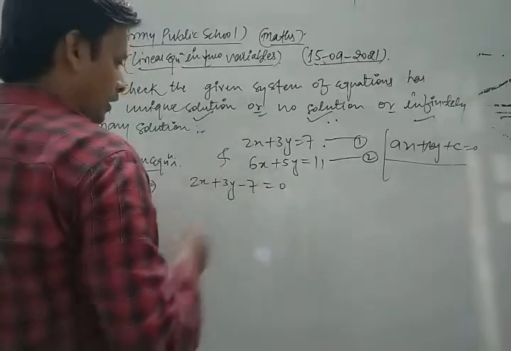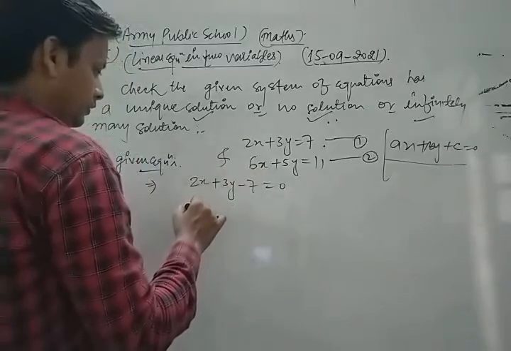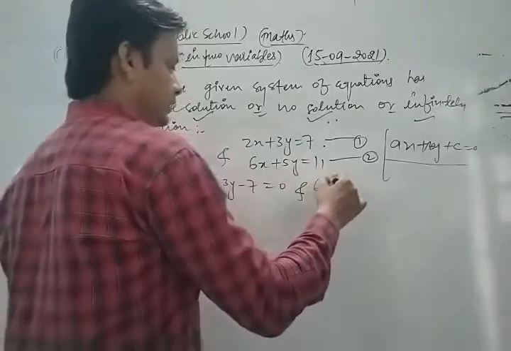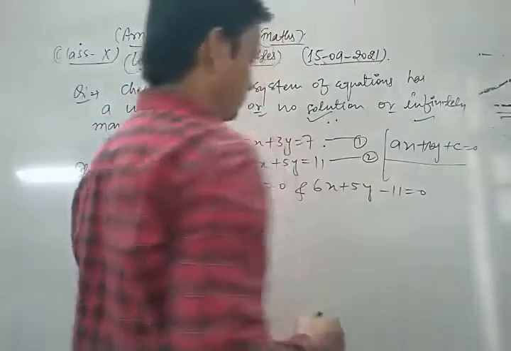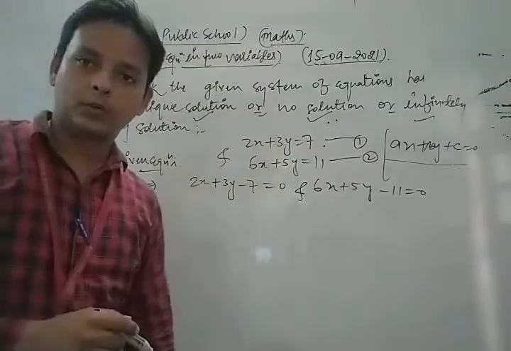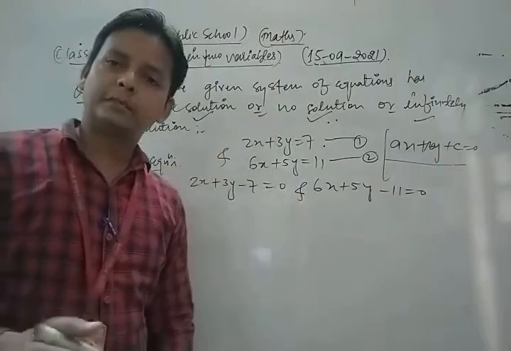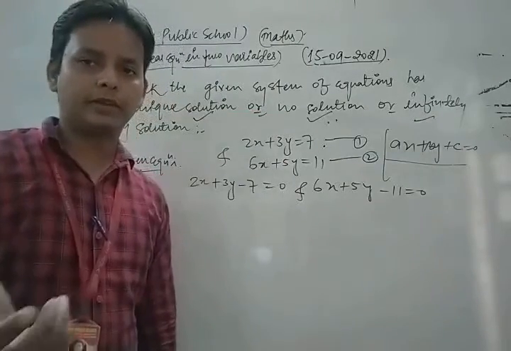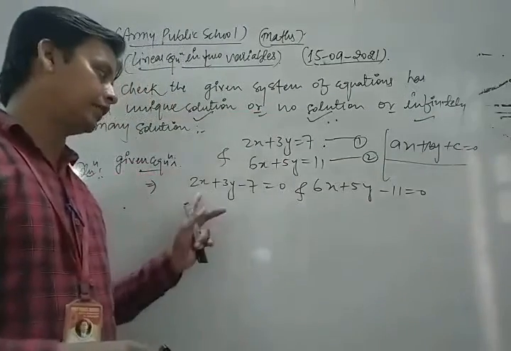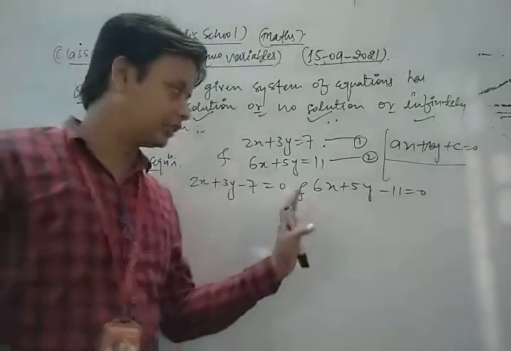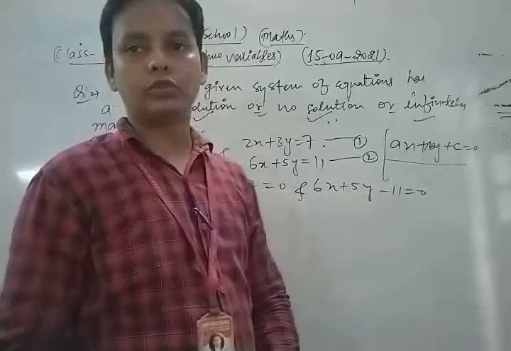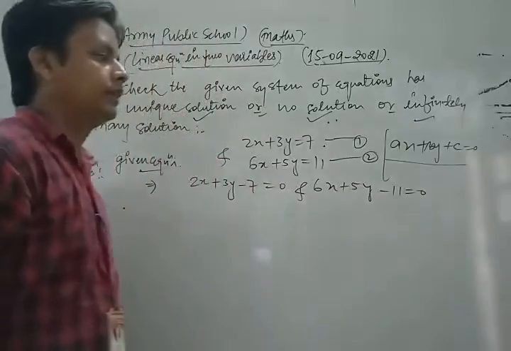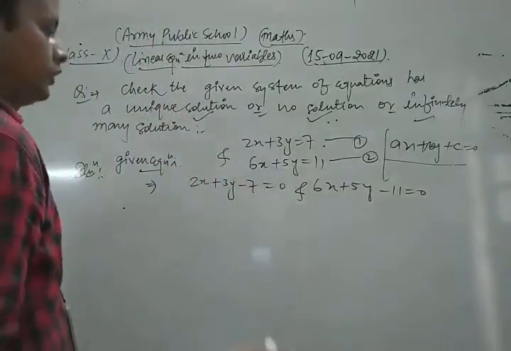And we can write the second as 6x plus 5y minus 11 is equal to 0. Now we compare with the standard form of the pair of linear equations, a1x plus b1y plus c1 is equal to 0 and a2x plus b2y plus c2 is equal to 0. In this way we find the values of a1, b1, c1 and a2, b2, c2.